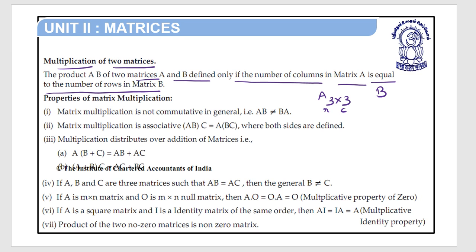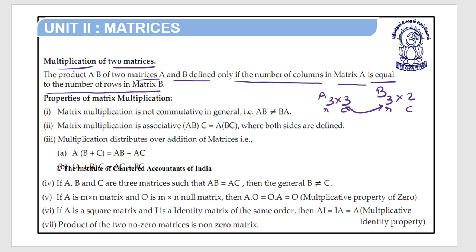First is the row and second one is the column. The number of columns of matrix A, which is 3, is equal to the number of rows in matrix B, which is 3.